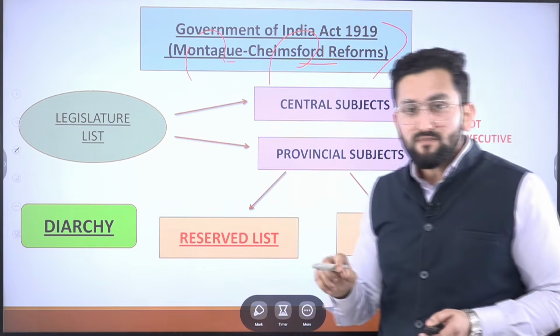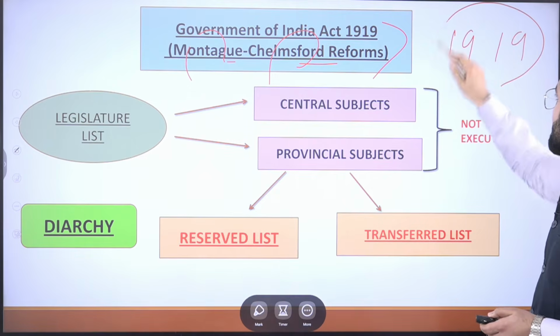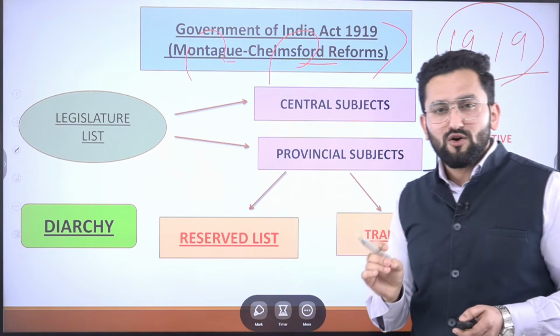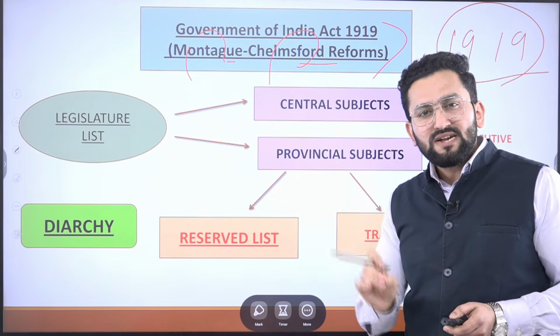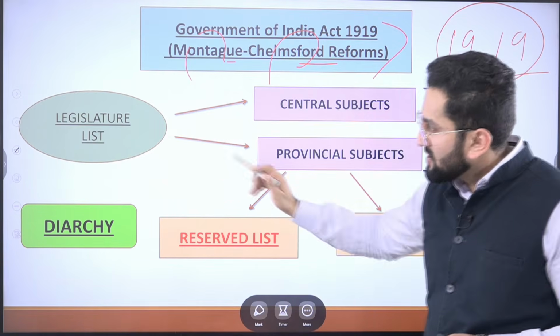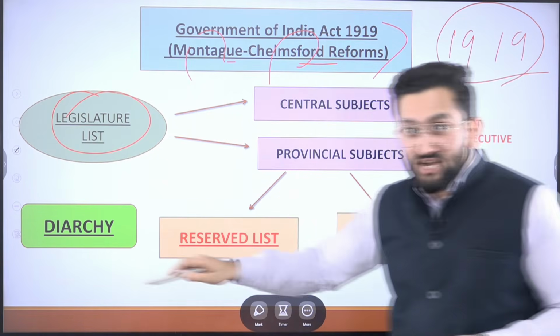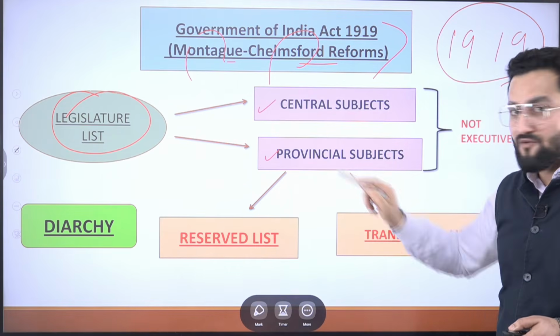Now, 1919, an important law, can be easily remembered on the basis of division of power and how power was divided. Take a look. Legislature list got divided into two parts, central subject and provincial subject.